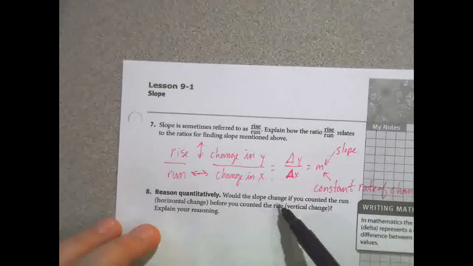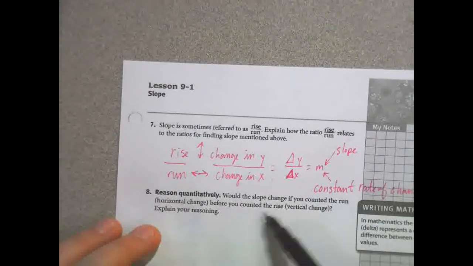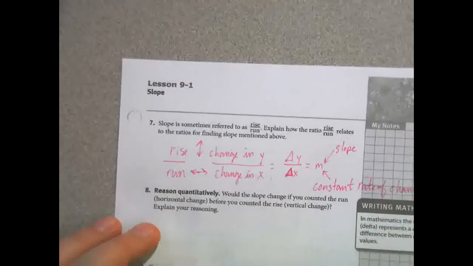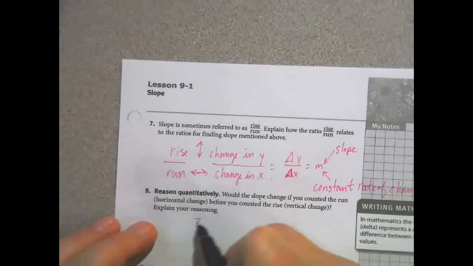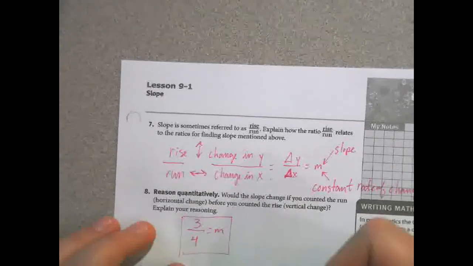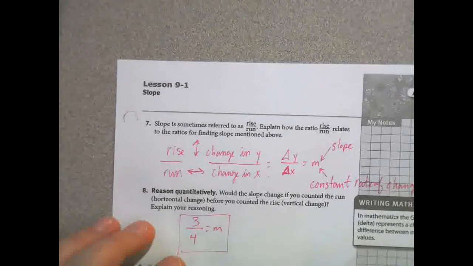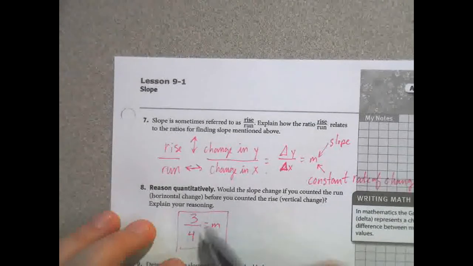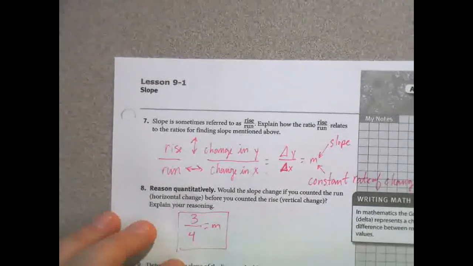All right? Now, would the slope change if you counted the run before you counted the rise? On my previous problem, my slope was 3/4. Would it change if I put run over rise? Well, of course it would.